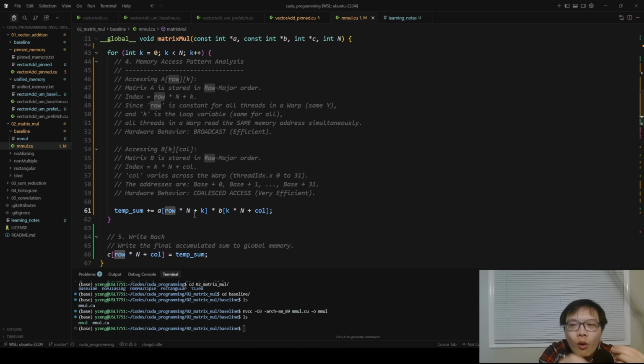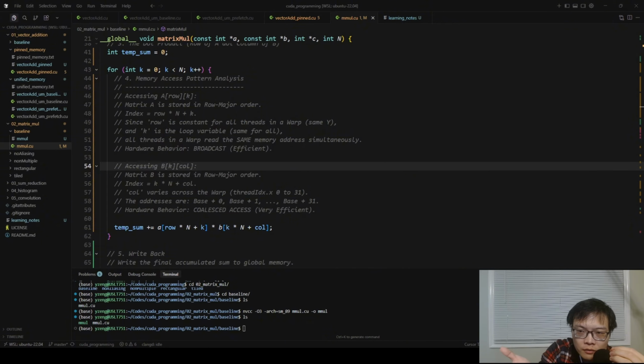To summarize the access patterns of this baseline example, matrix B gives us good coalescing, but we are rereading it constantly from slow global memory. Matrix A gives us broadcasts, but we are wasting bandwidth.